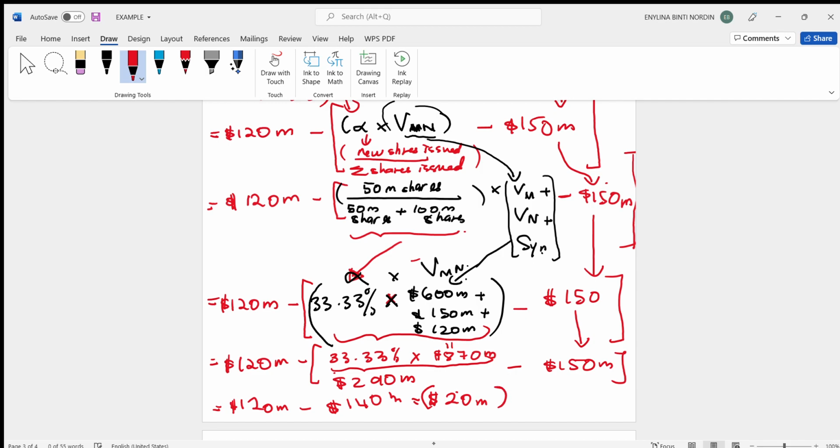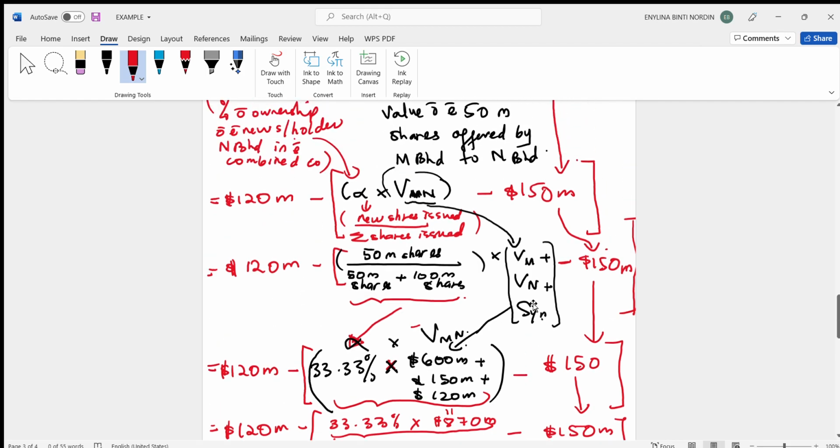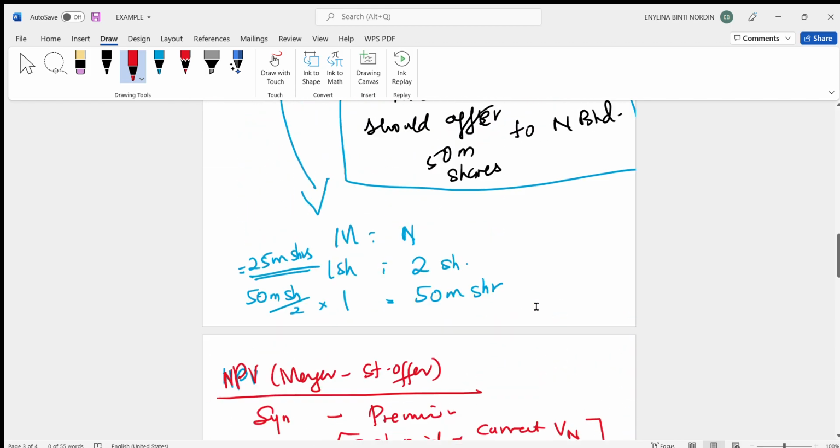So that means it's a negative value. If the acquiring company, M Berhad, pays by stock to N Berhad, the NPV of the merger will be a negative value as compared to a cash offer. If it's a cash offer, then the merger's NPV will be a positive value.